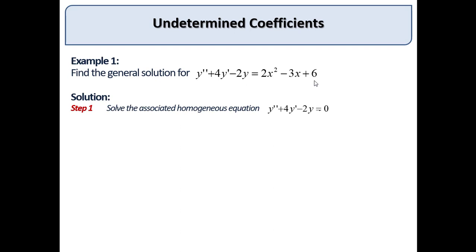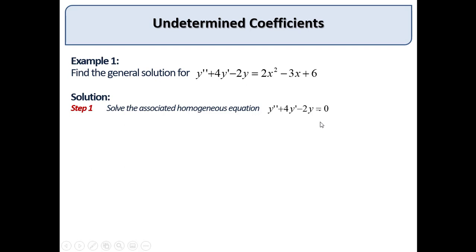So first thing first, we have to solve the homogeneous equation to find the complementary function. We have y double prime plus 4y prime minus 2y equal to 0, which is a linear equation.